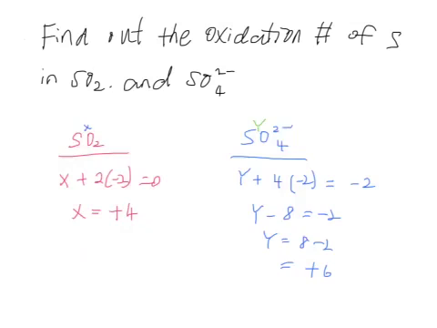So if you were converting sulfate ion to sulfur dioxide, you can know that this is a reduction reaction. But if you were moving from sulfur dioxide to sulfate ion, this is an oxidation reaction.